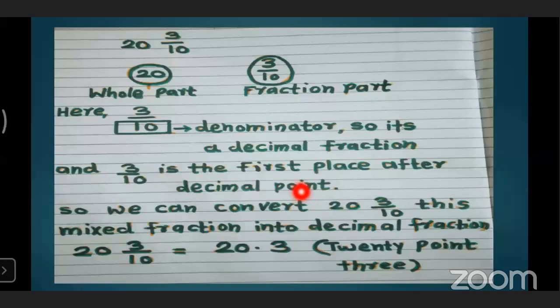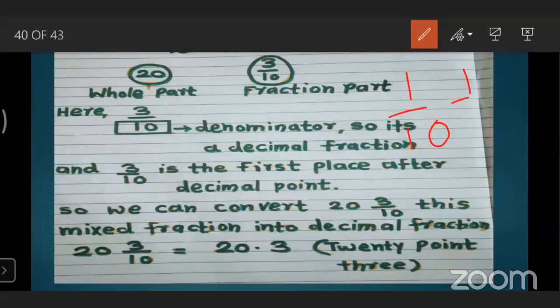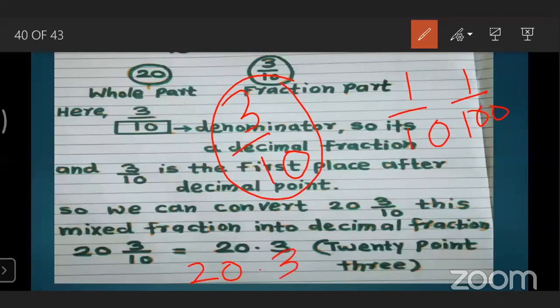As I said, 1 upon 10 is the first decimal place and 1 upon 100 is the second decimal place. So here 3 upon 10 is at the first decimal place, so we have written 20.3.